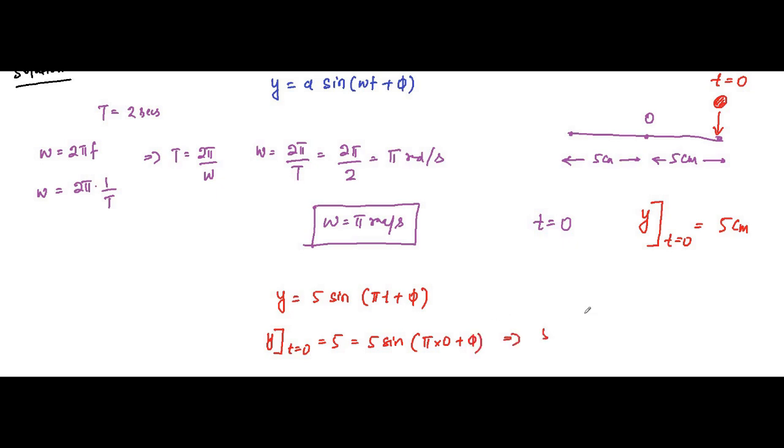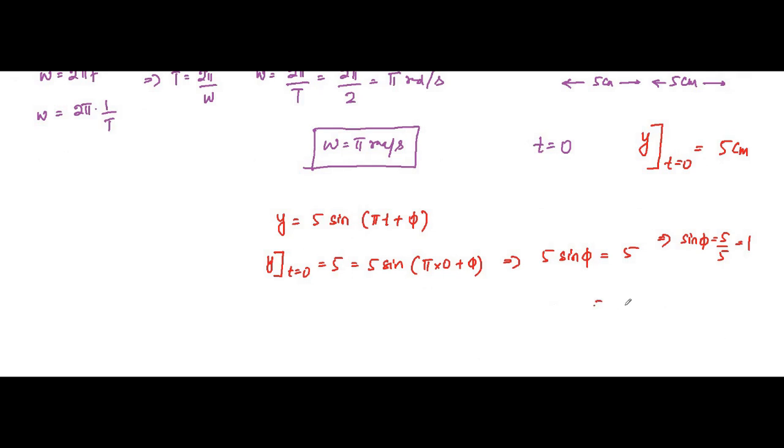That implies 5 sine phi is equal to 5. That implies sine phi is equal to 5 by 5, which is equal to 1. That implies phi is equal to sine inverse of 1, which is equal to how much? Pi by 2 radians. So the initial phase angle is equal to pi by 2.